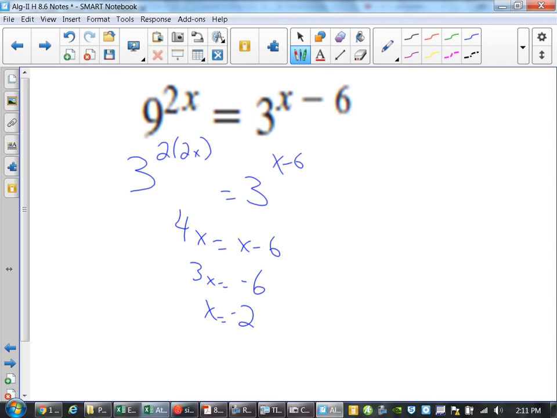So now, check it again. What's 2 times negative 2? Times 2. All right, so you have 3 to the negative 8 on one side. What's negative 2 minus 6? And you have 3 to the negative 8 on the other. Did you do it correctly? Yes. On to the next problem.